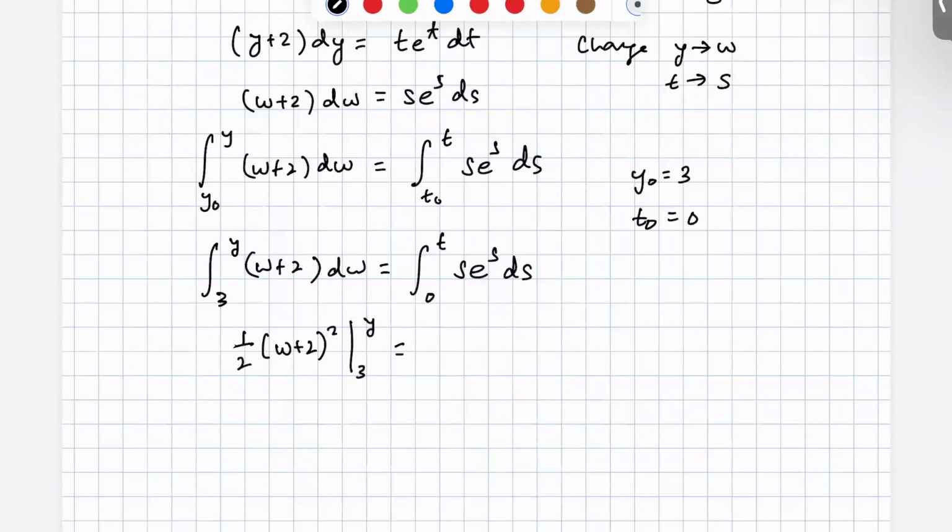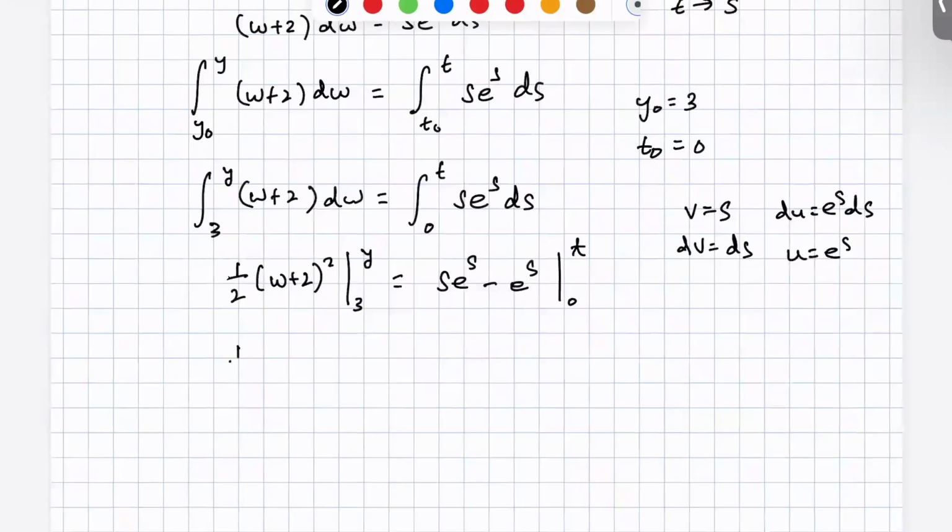And on the right I have an integration by parts: s e to the s minus e to the s from 0 to t. All right, so I have 1/2 of y plus 2 squared minus, let's plug in a 3, so I get 25 over 2, equal to t e to the t minus e to the t. And when I plug in a 0, this disappears, and then I get a minus 1.